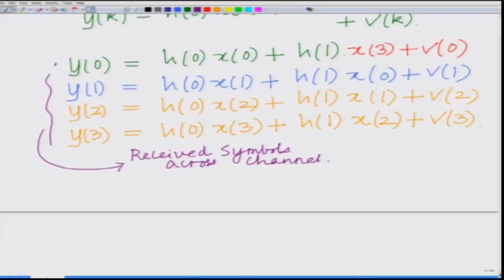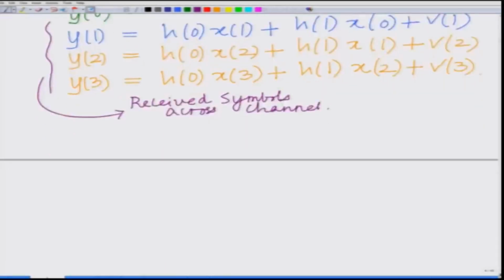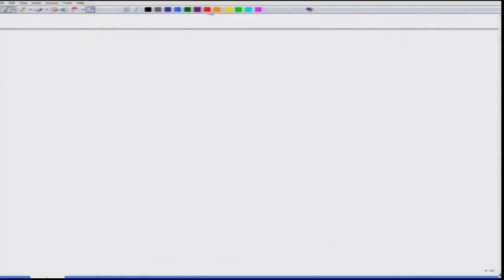So, we have the small y0, small y1, small y2, small y3, which are the received symbols. Now, let us observe an important property of these received symbols. What I am going to do is illustrate with a figure, because it is best illustrated pictorially.